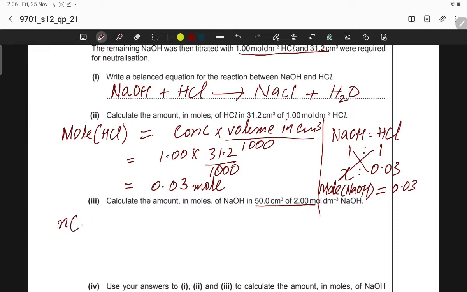So this is the actual mole of sodium hydroxide. This is concentration into volume, 50 divided by 1000.